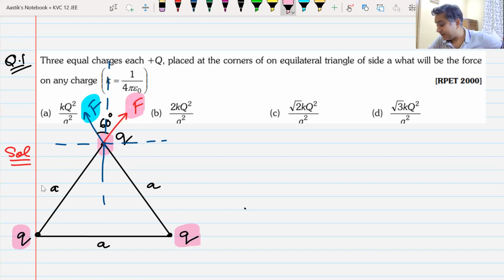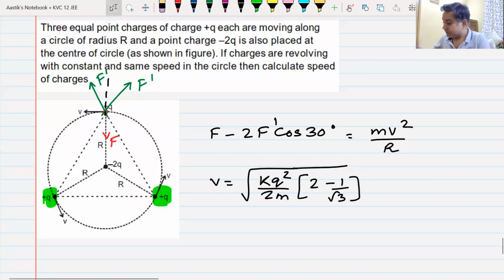The only thing different here is you have to calculate the distances. The distances are also different. This distance is r. This is r. You have to find out this distance. This is pure maths.